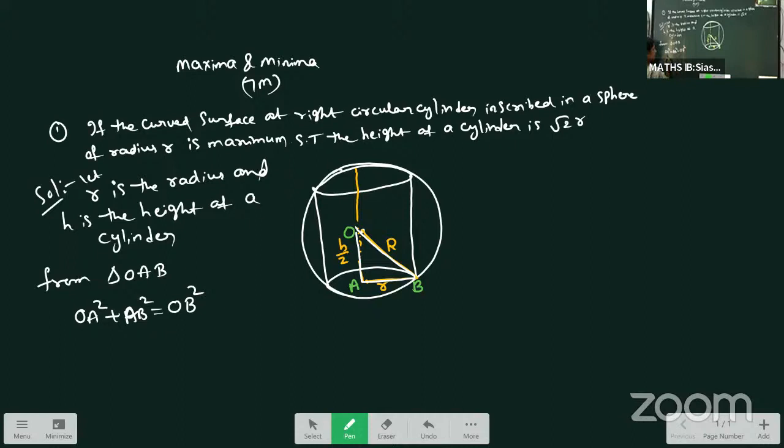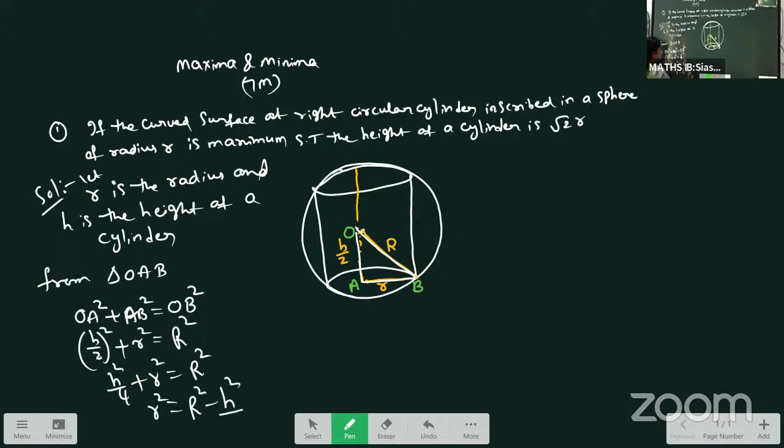OA is half of the height, h by 2 whole square, and AB is the radius r, equals OB, which is capital R. So this becomes h square by 4 plus small r square equals capital R square. Now take small r square: small r square is capital R square minus h square by 4.